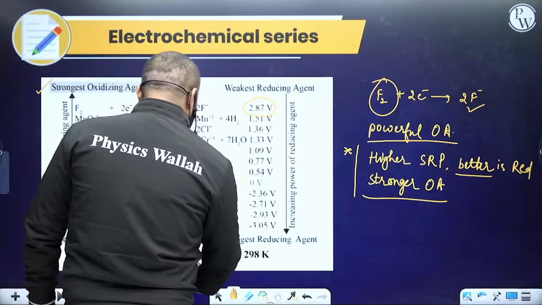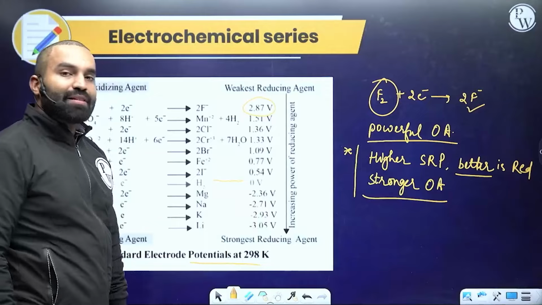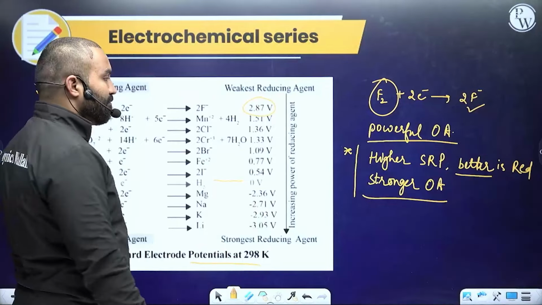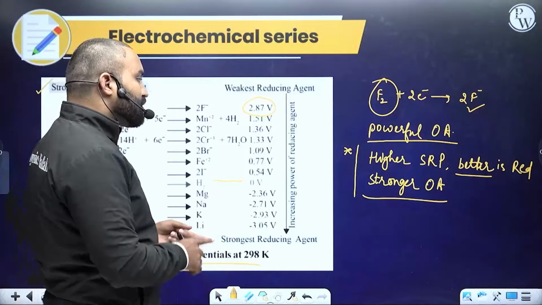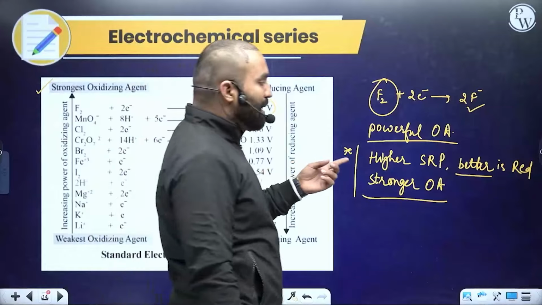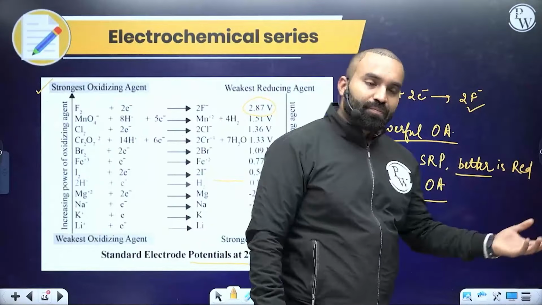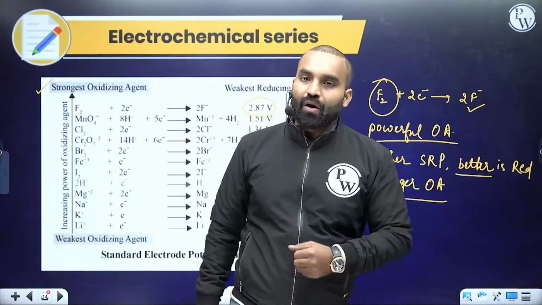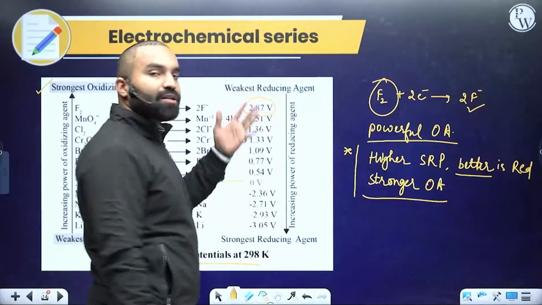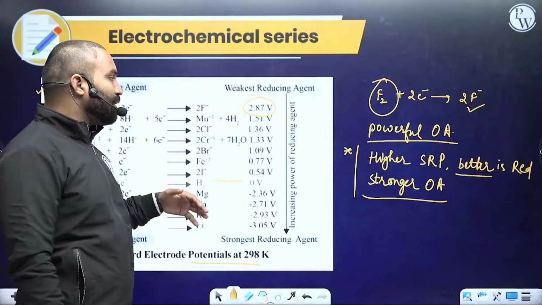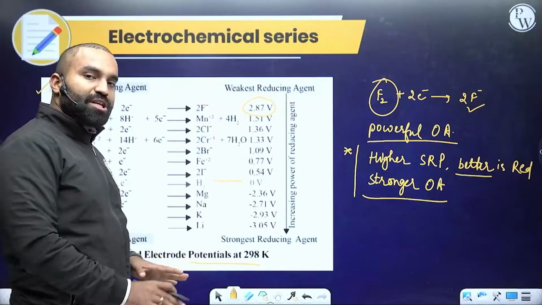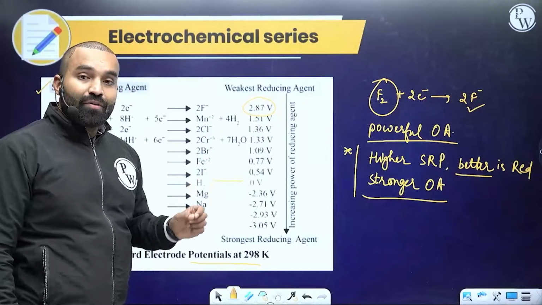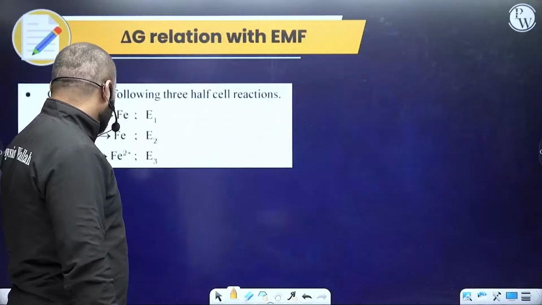Now these values are at 298 Kelvin, that's the standard value. Higher is the SRP, better or easier will be the reduction, and stronger will be that oxidizing agent. Can you compare the stronger and the weaker reducing agent, oxidizing agent here from this table now? One question expected from this particular table. Let's move to the next part.